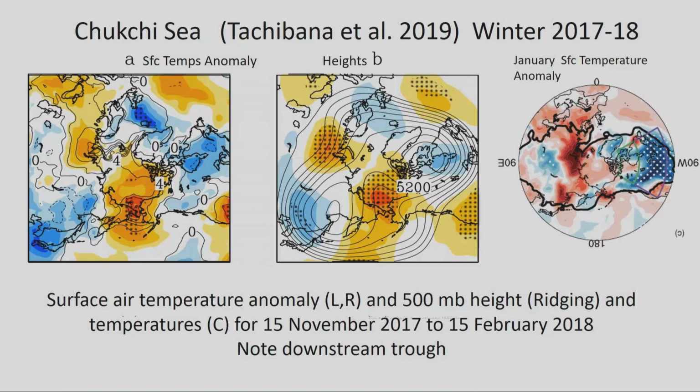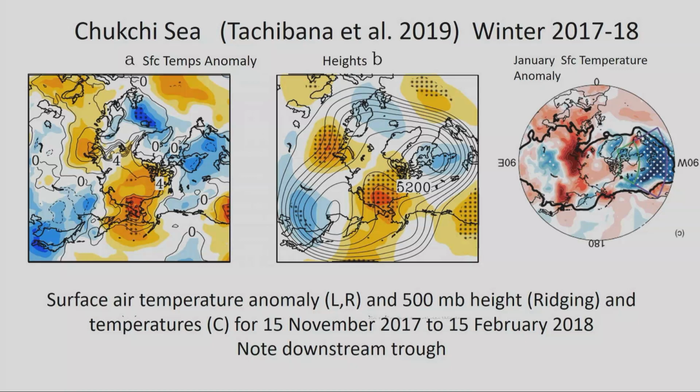This is halfway up in the atmosphere, the 500 millibar height field and contours, and shows the northward movement of a ridge over the Alaska region.